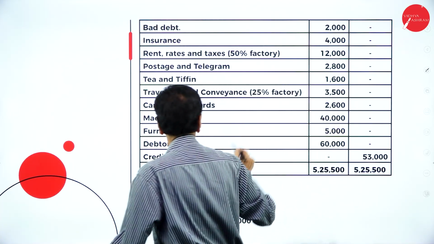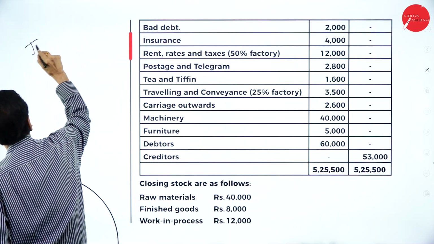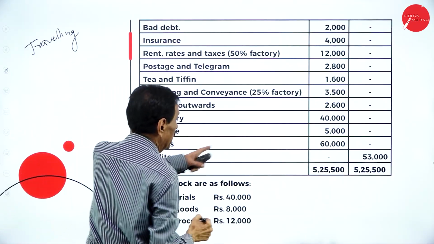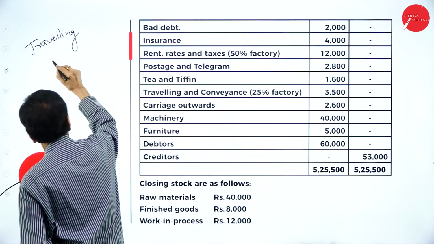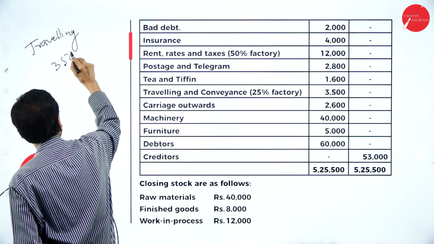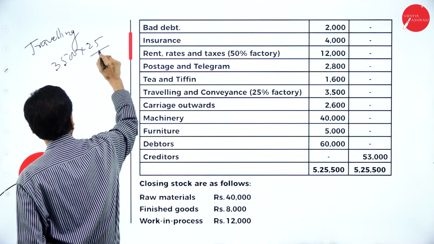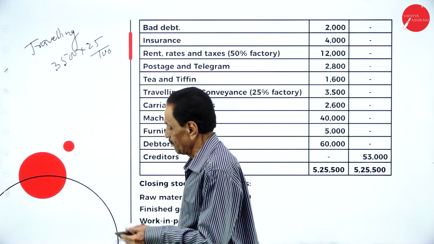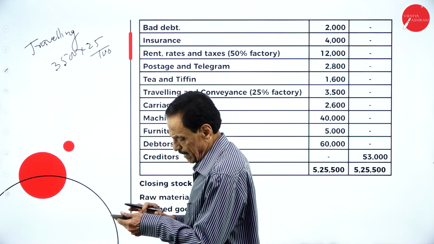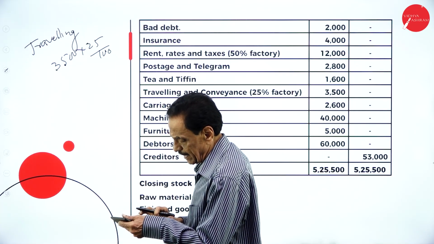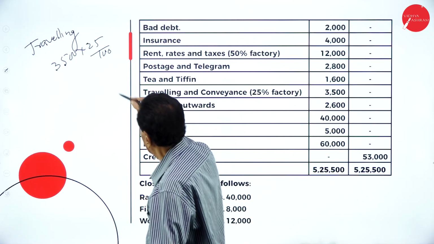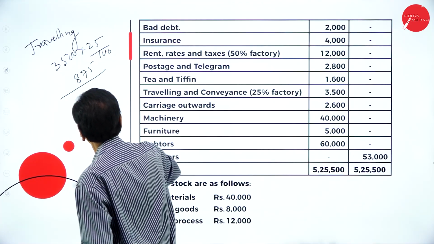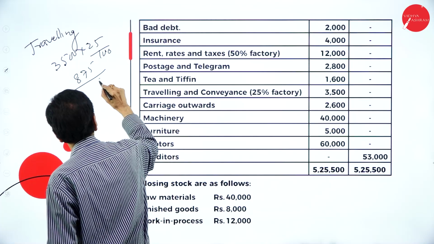Traveling. How much is there? 3,500. 25% on this goes to manufacturing account. 3,500 into 25 divided by 100, 875.